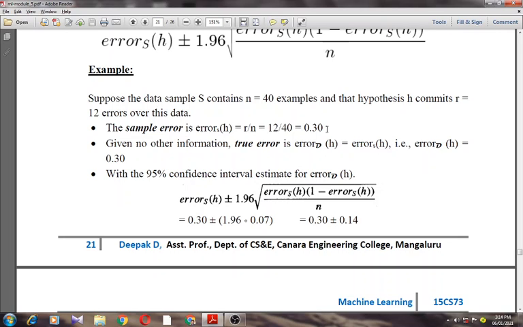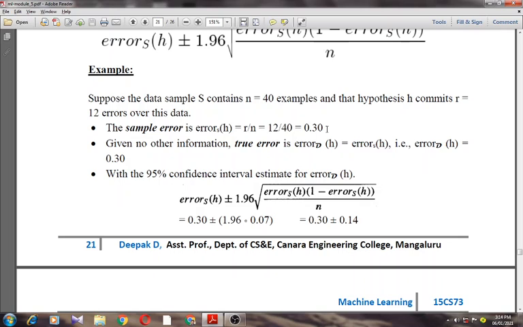If we were to collect a second sample S dash containing 40 new randomly drawn examples, then we might expect the sample error, that is error S dash of H, to vary slightly from error S of H. We expect a difference due to the random differences in the makeup of S and S dash.